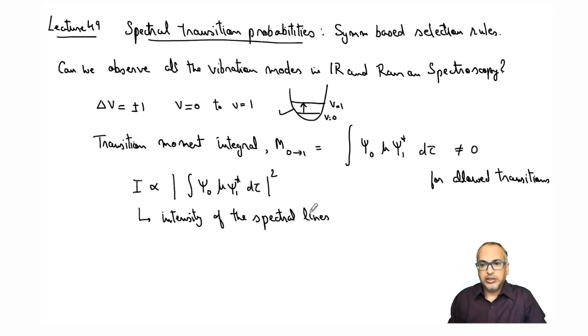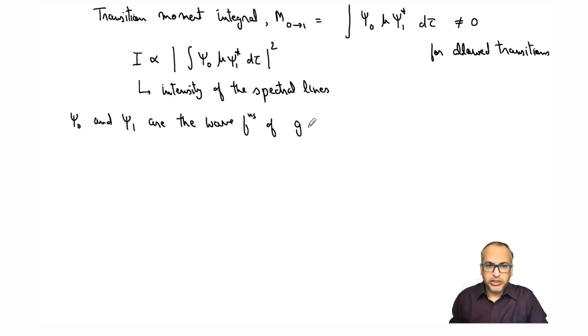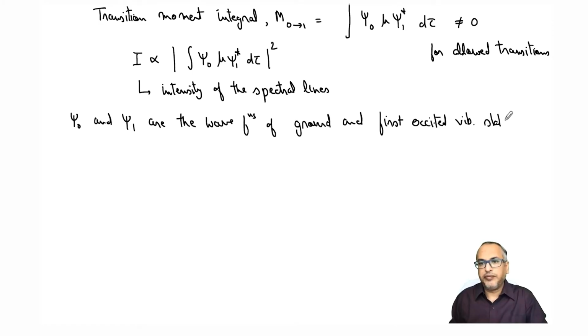So we know psi 0 and psi 1 are the wave functions of the ground state and first excited vibrational state. And what is mu?